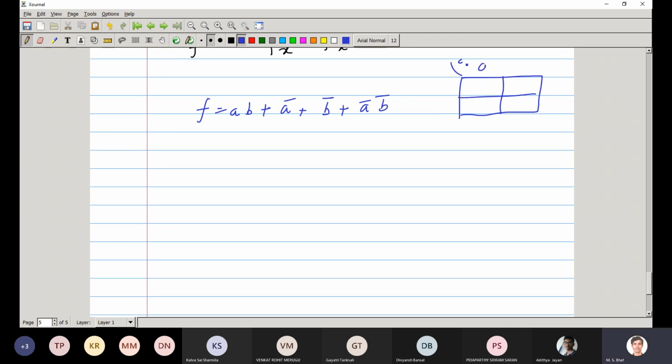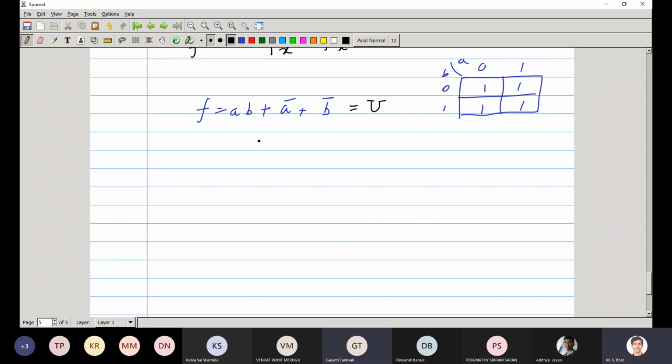This is the function of variables a, b, with values 0, 1, 0, 1. So ab is this term, a bar is this, b bar is this. Even a bar b bar is not required, let me remove that. Now this f is actually a universal function, isn't it? Because for whatever value a and b take, the function value is 1.